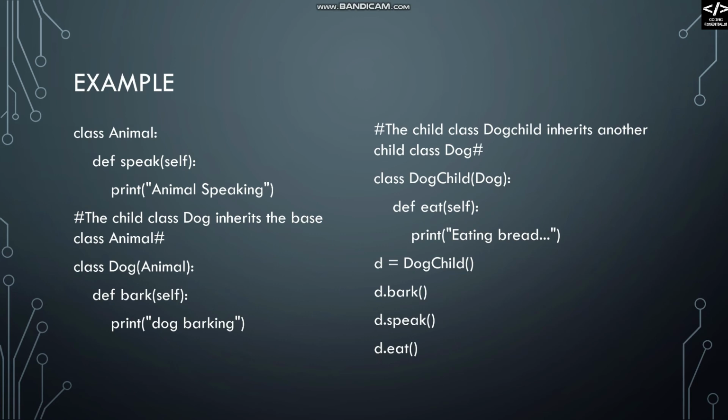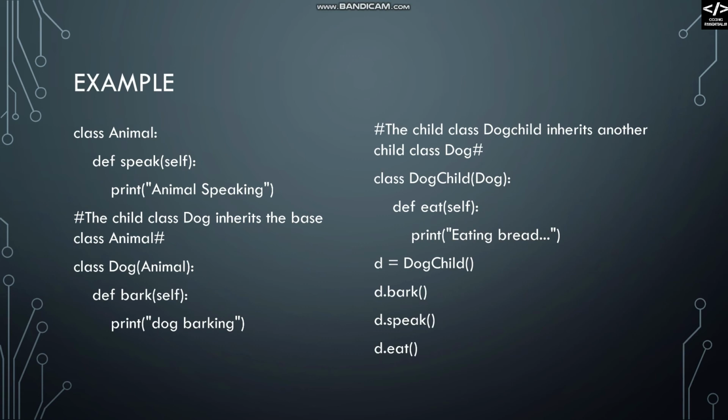Class animal, inside which we define a speak method which prints animal speaking. The child class dog inherits the base class animal, and we'll define bark inside it, which prints dog barking. Then comes the dog's child class which will inherit dog.